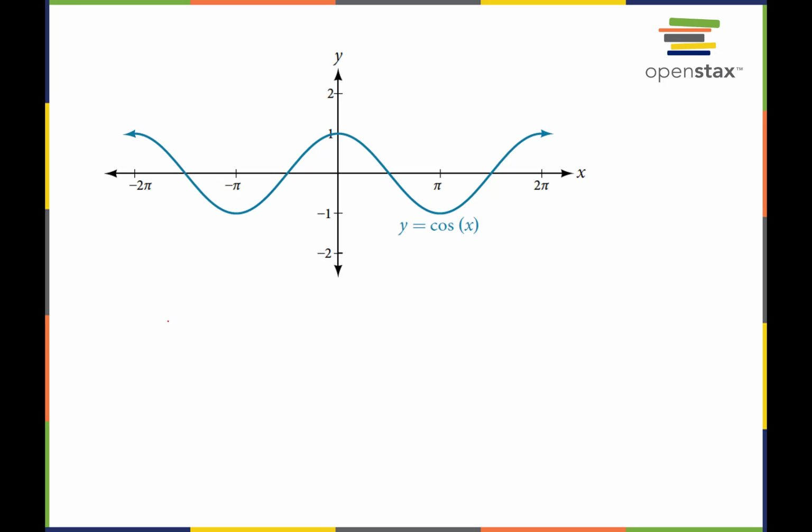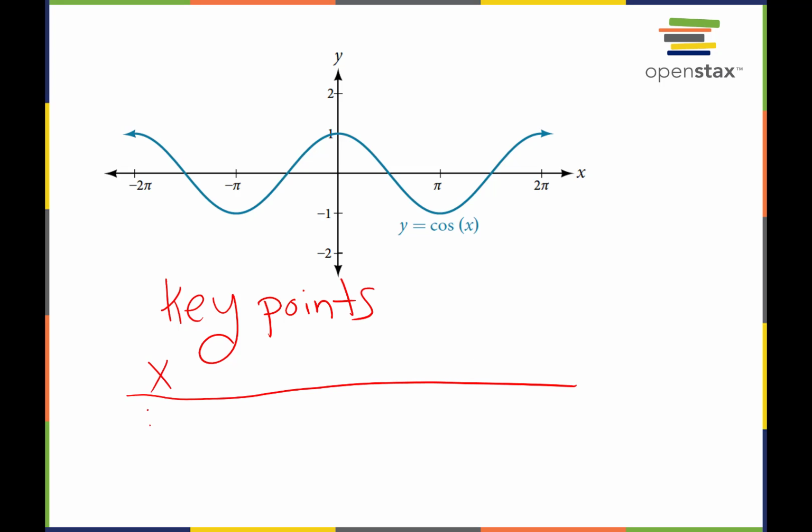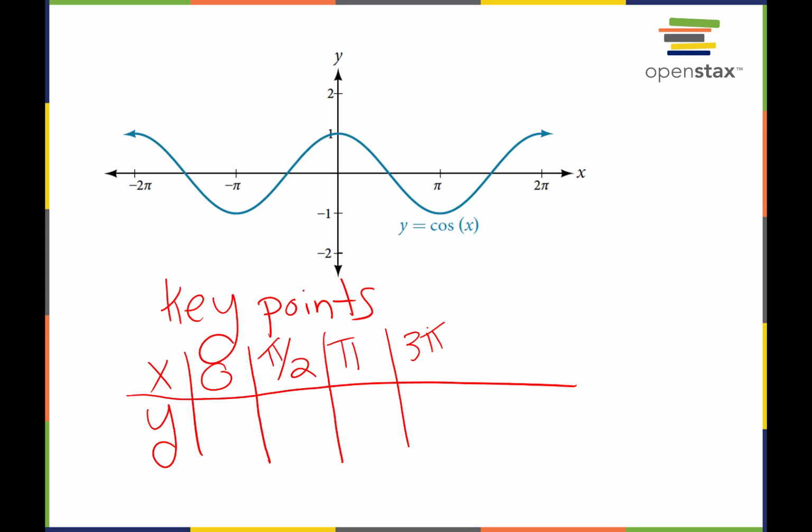For cosine, your key points will be this. My x's will be the same. I'm going to start at 0, then pi over 2, then pi, then 3 pi over 2, and then 2 pi.